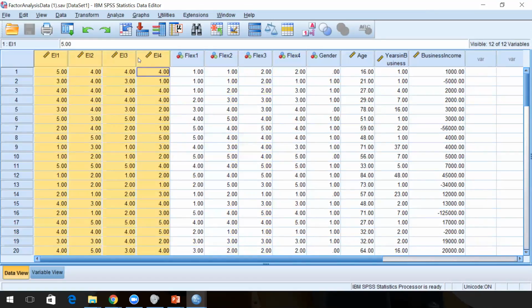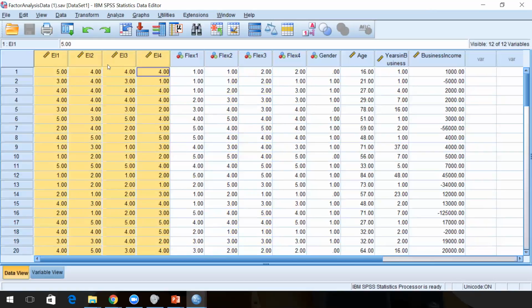But they're asking people basically how devoted they are to their business. The responses are on a 5-point Likert scale, which we can assume is interval level measurement. Basically, we code strongly disagree 1, disagree 2, neutral 3, agree 4, strongly agree 5.